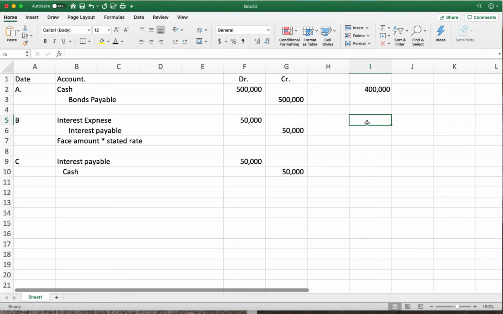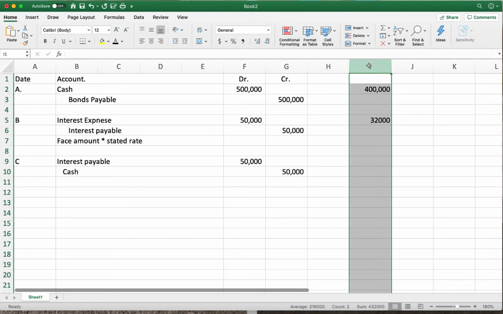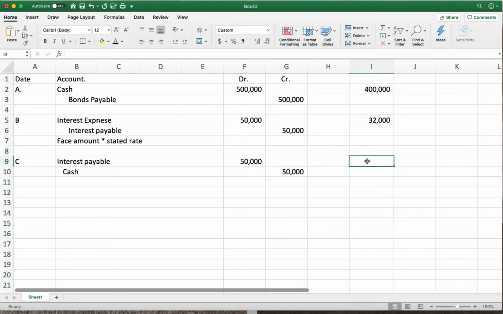In this case, the stated rate is 8%, and the face amount is $400,000. So the amount for the interest expense and the interest payable for problem 15-3 should be $32,000. Okay. And then finally, the interest payment for exercise 15-3, same exact journal entry. The dollar amount is $32,000.